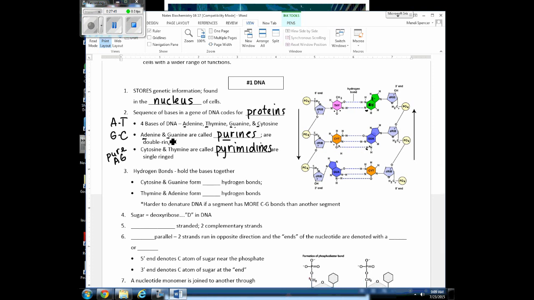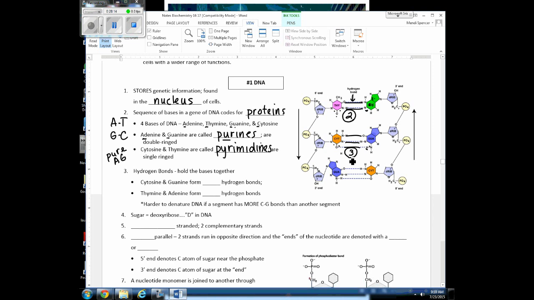So our bases are found kind of more on the interior of our DNA, which you're familiar with. And we've learned that the bonds that hold these bases together are those hydrogen bonds. Now, if you look at the diagram, you're going to see a difference in the number of hydrogen bonds that form between these bases. Adenine and thymine are going to form 2 hydrogen bonds, whereas cytosine and guanine form 3 hydrogen bonds.